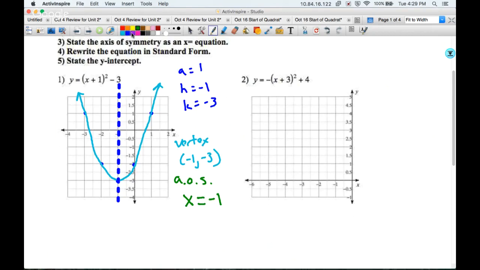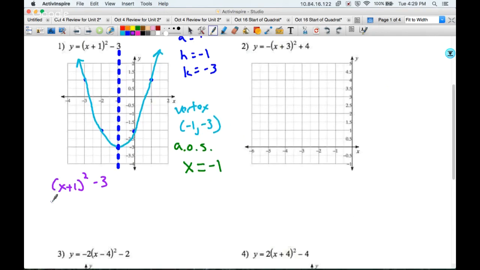All right, rewrite the equation in standard form. This is where we have to FOIL. So I've got x plus 1 squared minus 3. When I expand this out, it becomes x plus 1 times x plus 1 minus 3.